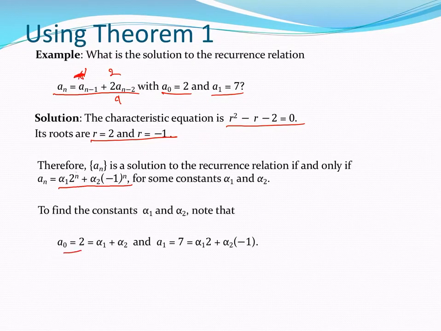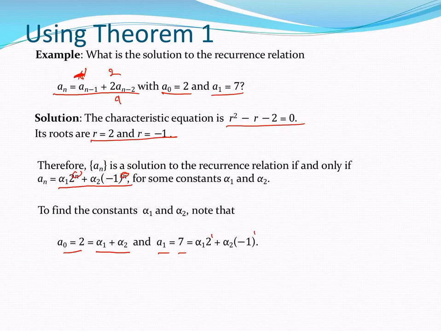A0 is equal to 2, and since the index is 0, the n's are all 0, and I get values of 1 for their result, so alpha 1 plus alpha 2 is A0. A1 is equal to 7, that's given, and then it's also equal to alpha 1 2 to the 1 and alpha 2 -1 to the 1.